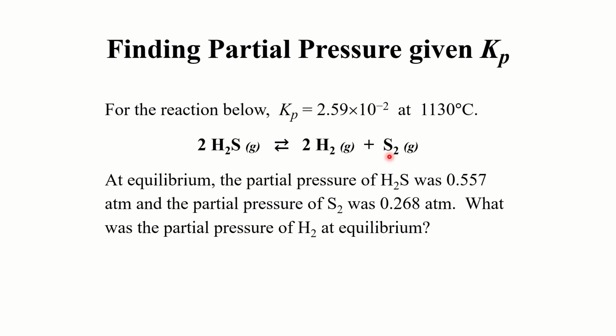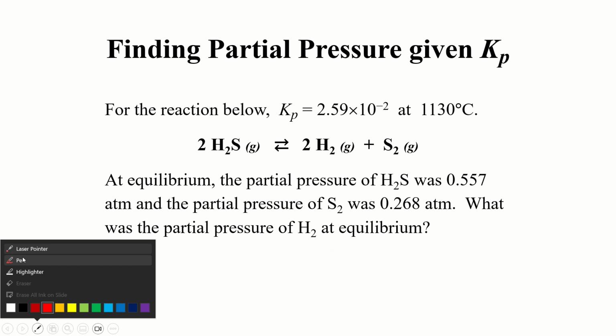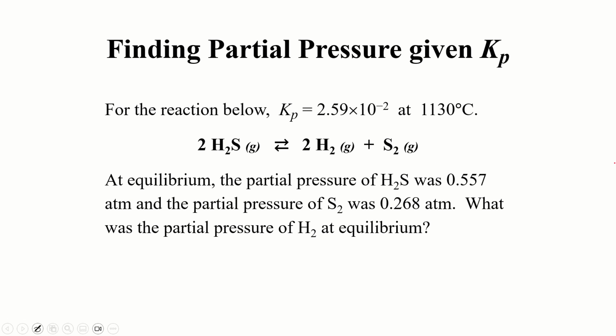All right, and hopefully you found a correct answer of 0.173 atmospheres. 0.173 atmospheres is the correct answer for H2. So real quick, I'm not going to show all of the work here, but you should start by writing a Kp expression.